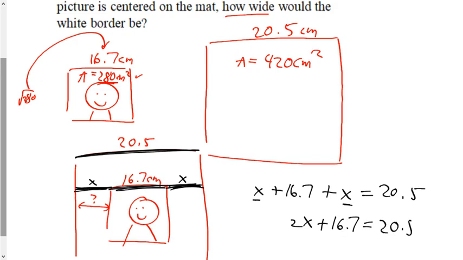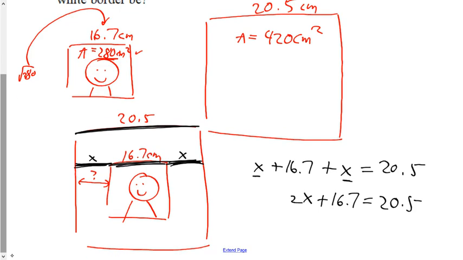And I don't expect you to do it this way. I'm going to show you how to logically do it this way with algebra, and then you could do it however way you want, but I'm going to show you this way. If I subtract 16.7 from both sides, algebraically speaking, I end up with two of these x's, an x here and an x here, is going to equal the difference of those two, which is going to be 3.8, I think.